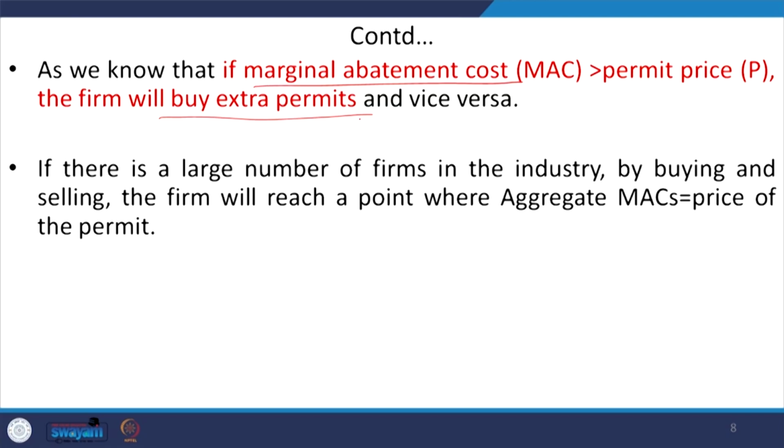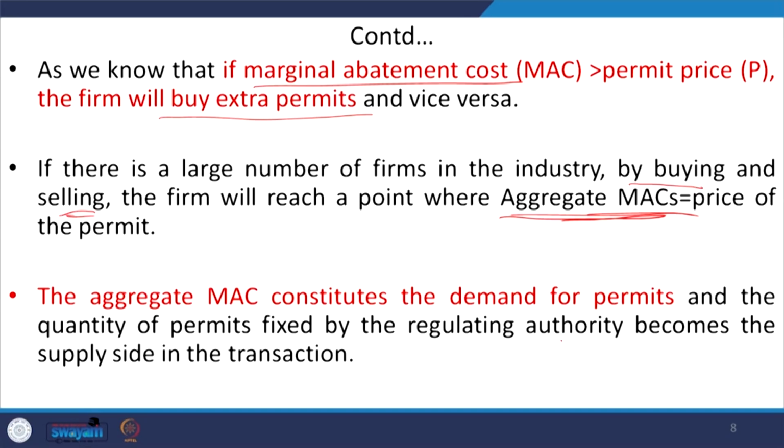If you assume a good number of polluting farms in an industry, these mechanisms of buying and selling will push on till the agreed marginal abatement cost becomes equivalent to the price of the permit. Till this point is reached, this procedure will continue. Here the marginal abatement cost is taken as the demand for permits, and what is the supply side?